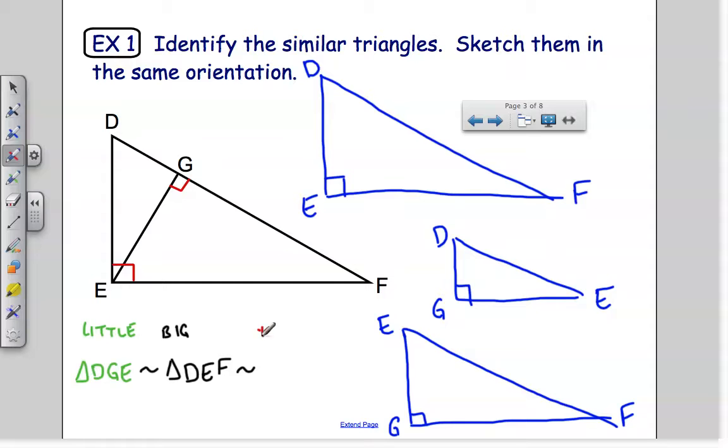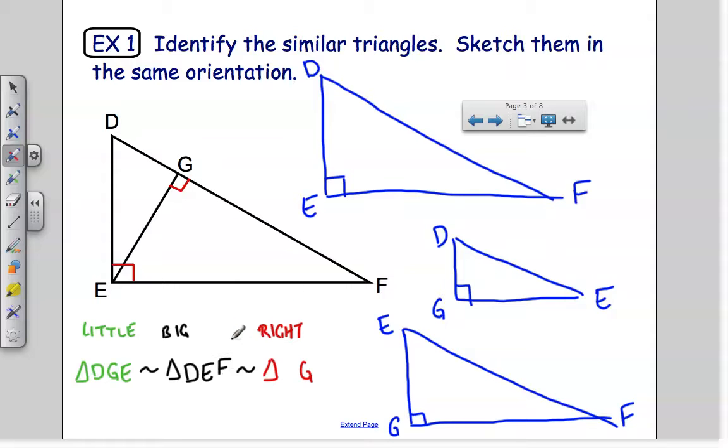We're going to do the triangle on the right, or the medium-sized one. How am I going to name that? Remember how I kept doing the right angle in the middle? The right angle of this one is at G. So that's going to be the middle letter, just like E was the right angle of the big one, and G was the right angle of the little one on the left too.